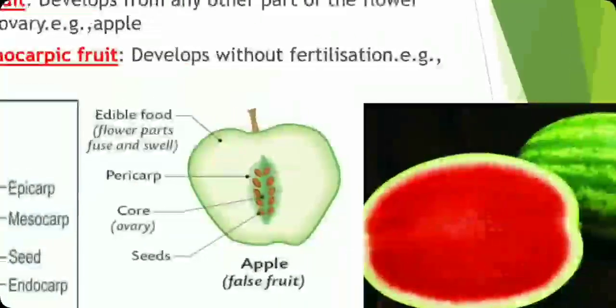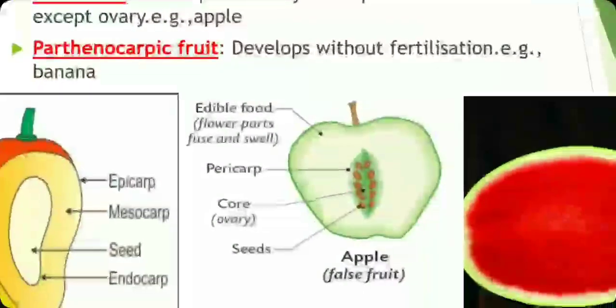Nowadays, varieties of bananas, grapes, oranges, and watermelons are being cultivated by spraying the flowers with growth promoting hormones like gibberellins, which induce the development of fruits without fertilization. So, for commercial value, different fruits are grown, and these are called parthenocarpic fruits.